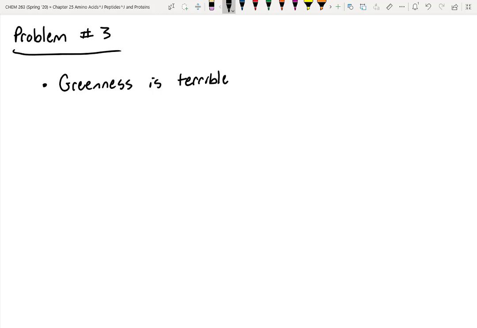If we have to install a protecting group on each of our amino acids and then use a peptide coupling reagent that has low atom economy and then deprotect our amino acids using separate chemistry, we're turning essentially what biology does in one step into a multi-step sequence, and we're wasting a ton of atoms, right? So the greenness of these reactions is really bad.